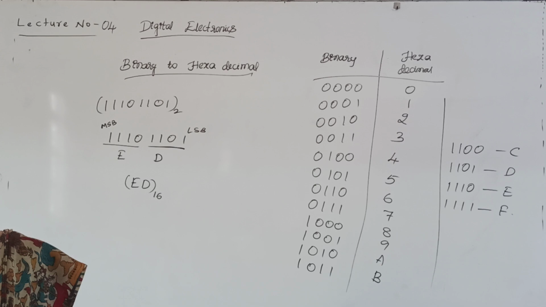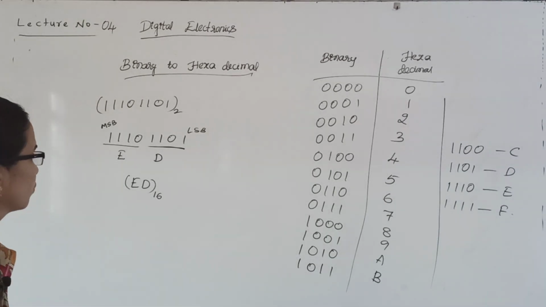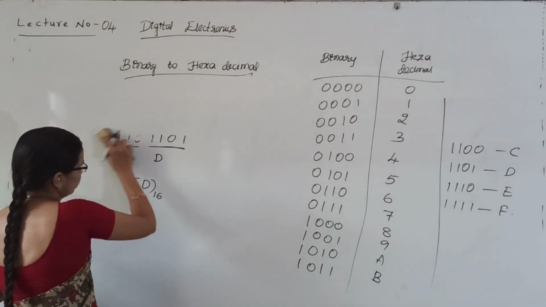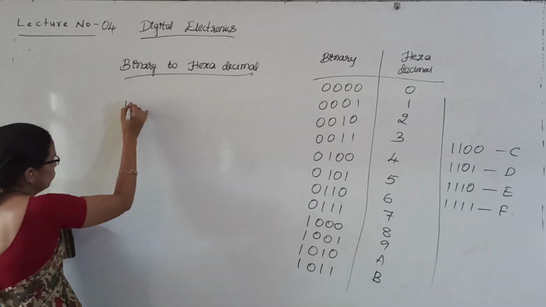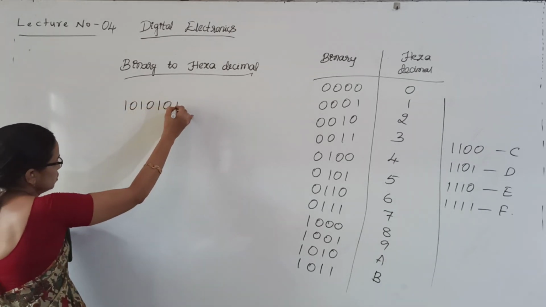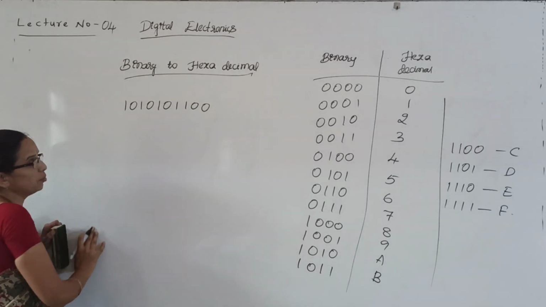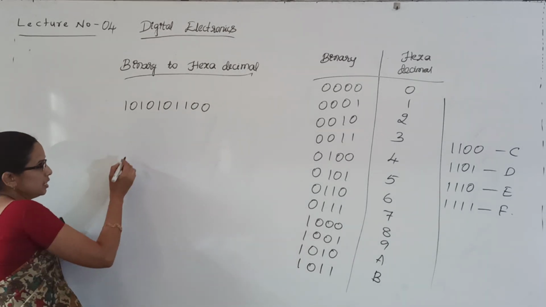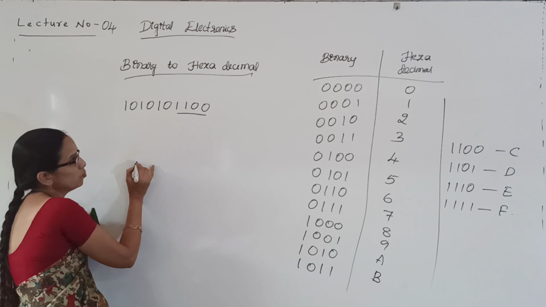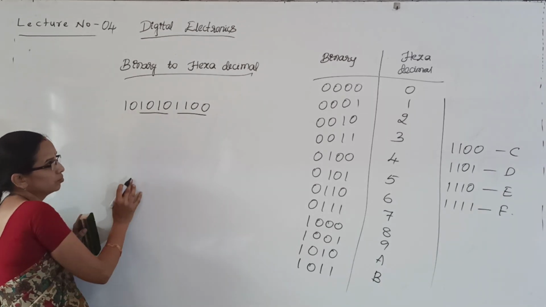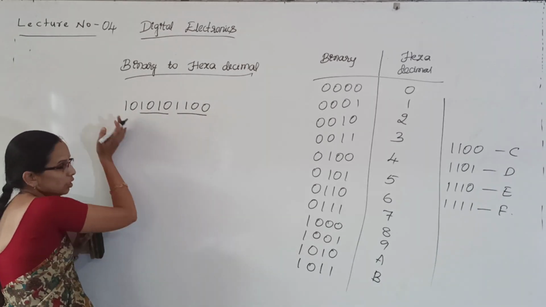The next one is 1010. Make groups from right to left, from LSB to MSB.